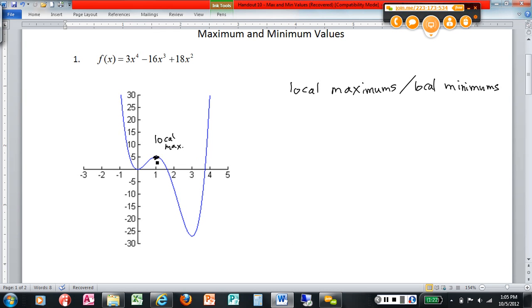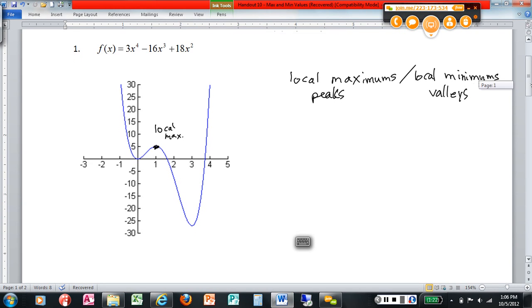All right, so with that in mind, then, what about local minimum, you think? Well, the local maximums are the peaks, and the local minimums are the valleys. And there are some limitations to those words, because that's not necessarily always the case, that a local minimum is a valley or a local maximum is a peak.